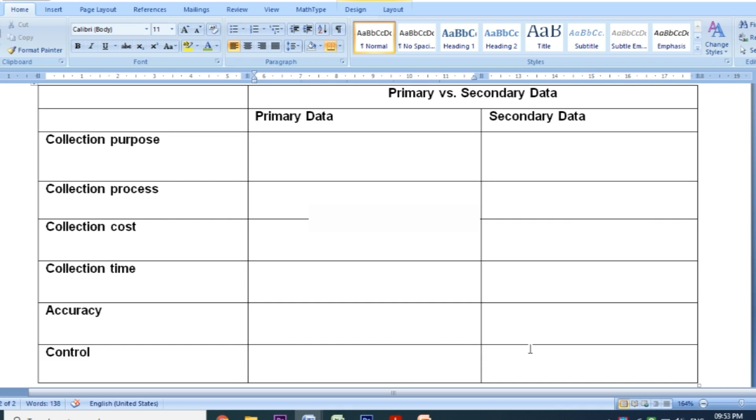Before moving further, let's have a clear-cut demarcation between primary data and secondary data. If one carefully analyzes the difference between primary and secondary data, then on the basis of collection purpose, primary data is basically collected for the problem.